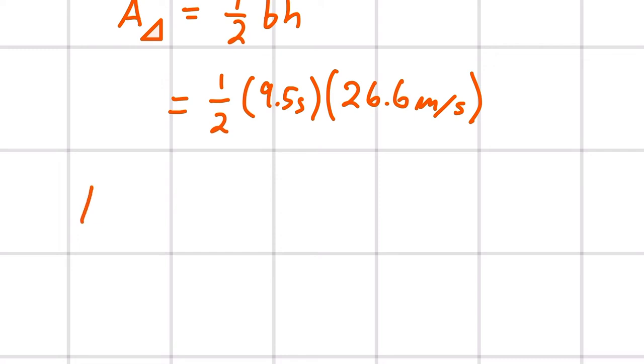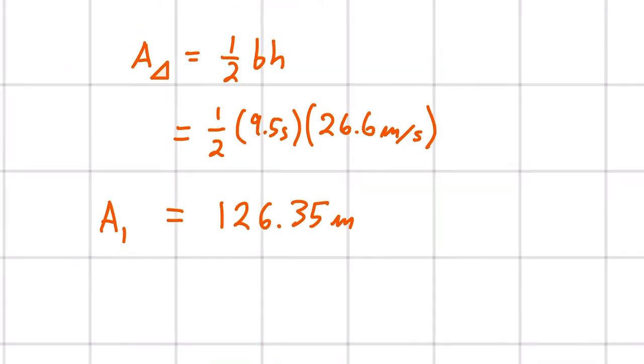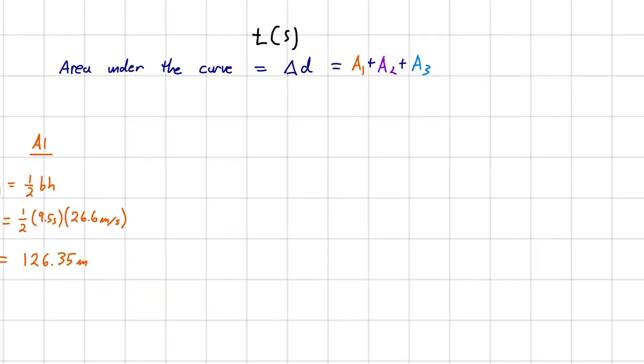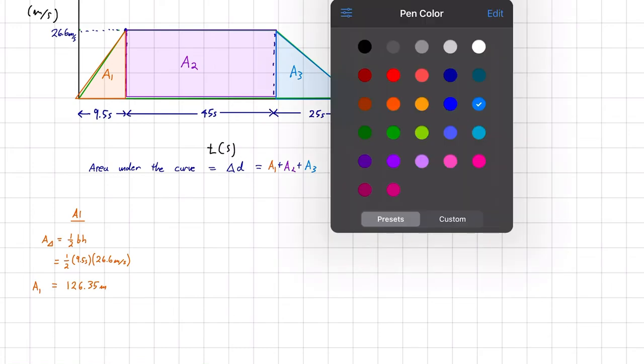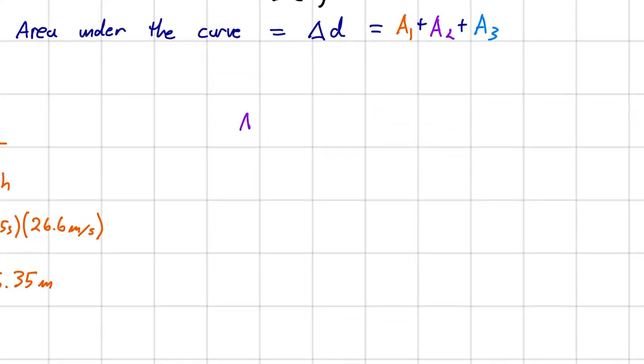Calculating that, I encourage you to follow along here with your calculators. We have that A1 is equal to 126.35 meters. All right, let's move on to the second area. So A2.